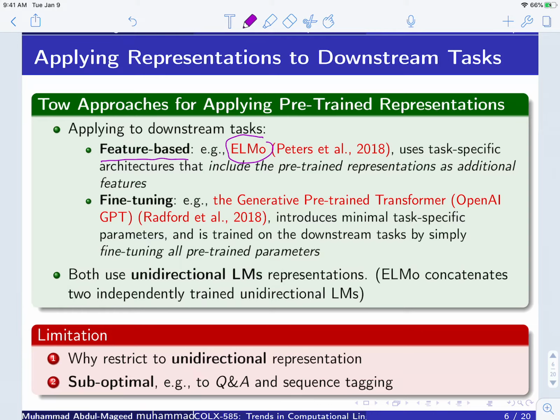So now you have a representation, and then you have a labeled data set, let's say sentiment analysis. Now start your sentiment analysis model with this already learned, pre-trained model, and now you are going to fine-tune the weights of that model on the sentiment analysis data set using the labeled data.